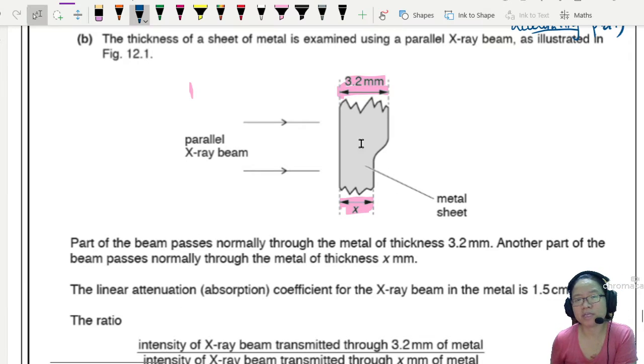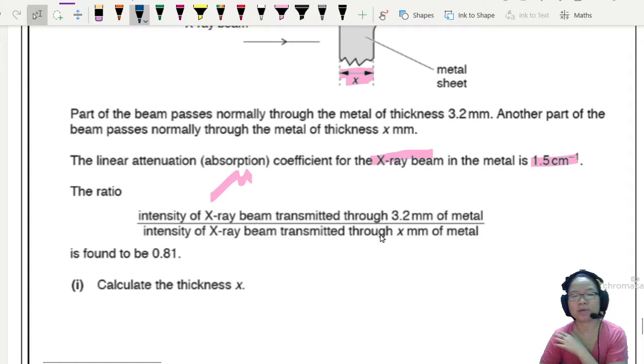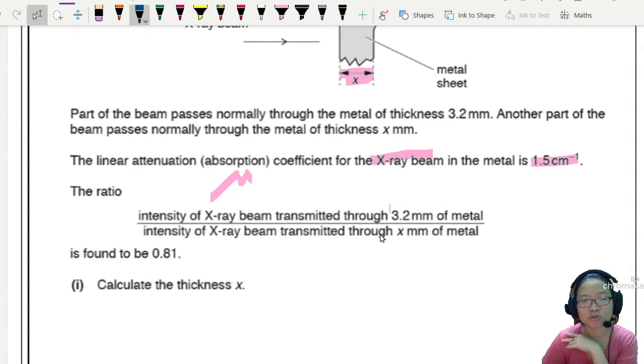Part of the beam passes normally through 3.2 mm and another part passes through x mm. The linear attenuation absorption coefficient, which Miss Ellie likes to call mu, for the X-ray beam in the metal is 1.5 cm^-1. The ratio of the intensity of the X-ray beam transmitted through 3.2 mm of metal to x mm of metal is found to be 0.81.